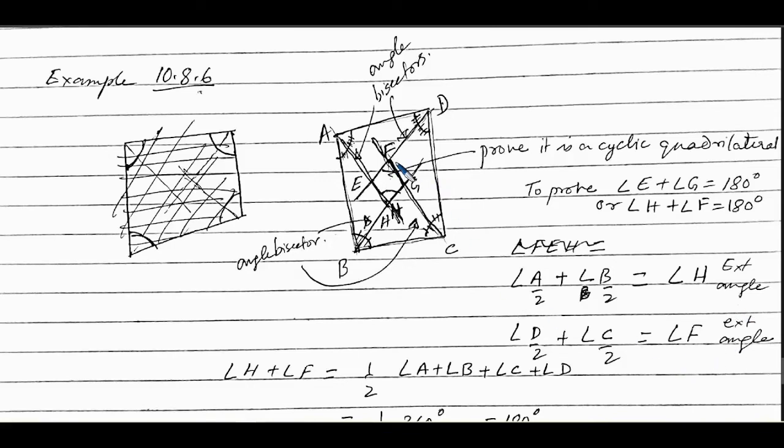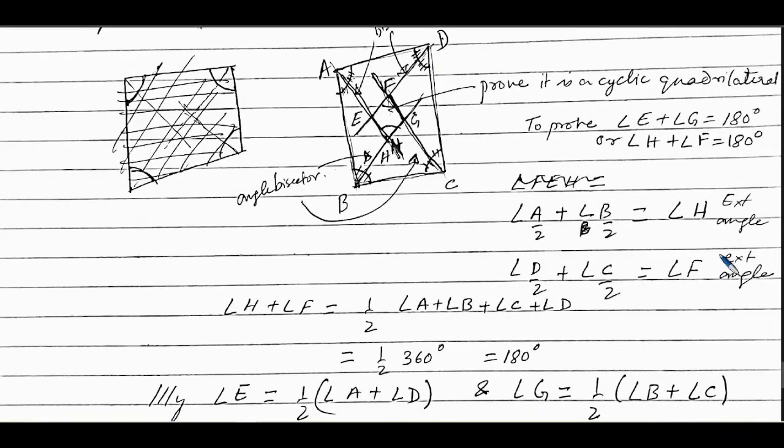Similarly, F: if this is a triangle, the exterior angle F is half of angle C plus half of angle D. So if I add angle H plus angle F, I will get half of angle A plus B plus C plus D. But the sum of all the internal angles is 360 degrees, we know it. So half of 360 is 180 degrees.